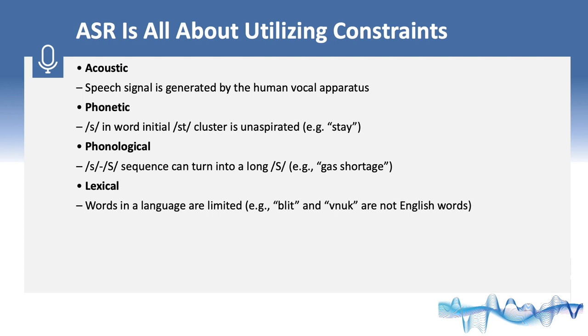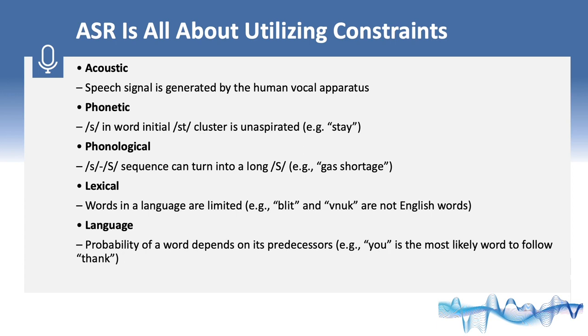Words in a language are limited. Therefore, some unlikely word sequences can be eliminated from the search to make the decoding complexity lower. For the language model, the probability of a word depends on its predecessors. For example, in English speaking, you is the most likely word to follow thank.